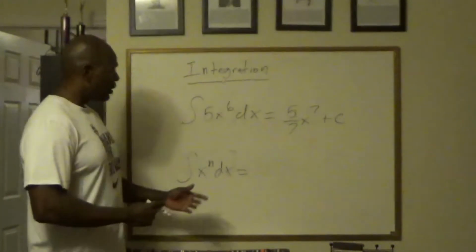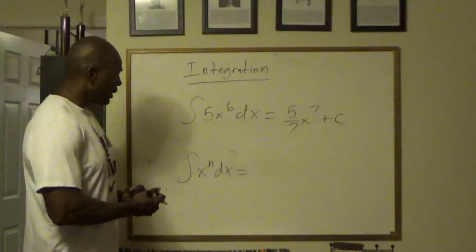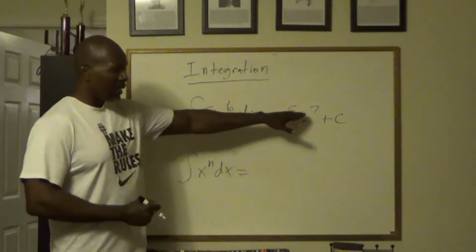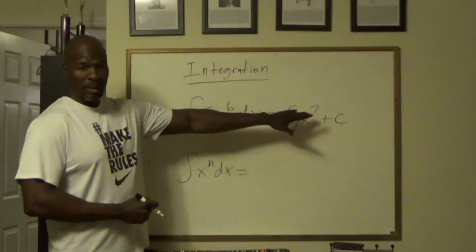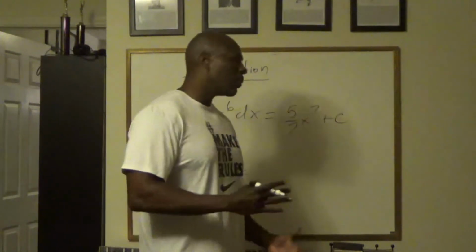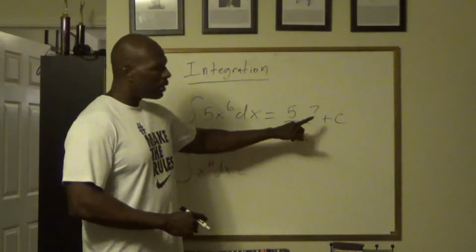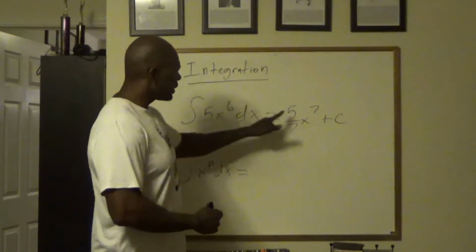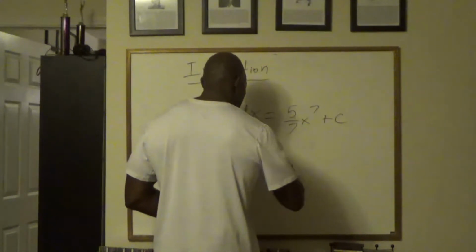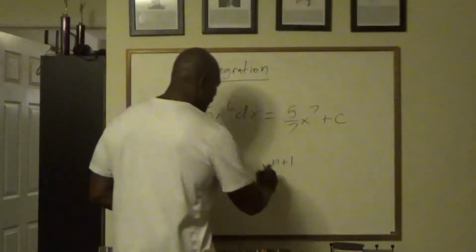Now, one thing you should notice about the problem and the answer is the relationship between the beginning exponent and the ending exponent. It went up 1, correct? When you take the derivative, the exponent goes down 1, right? Well, when you integrate, the exponent goes up 1. So notice it went from 6 to 7. So if I integrate x to the n, I'm going to get x to the power of n plus 1. I'm going to go up a power.